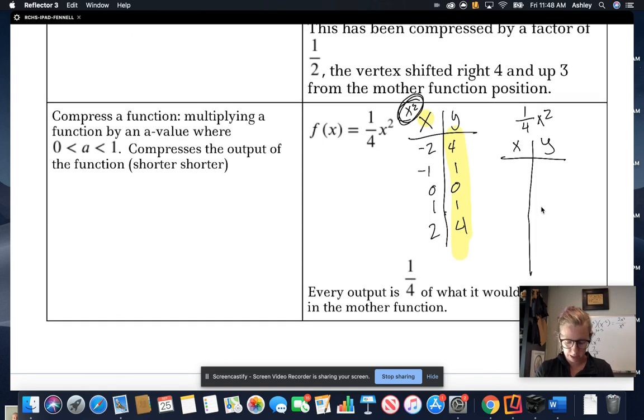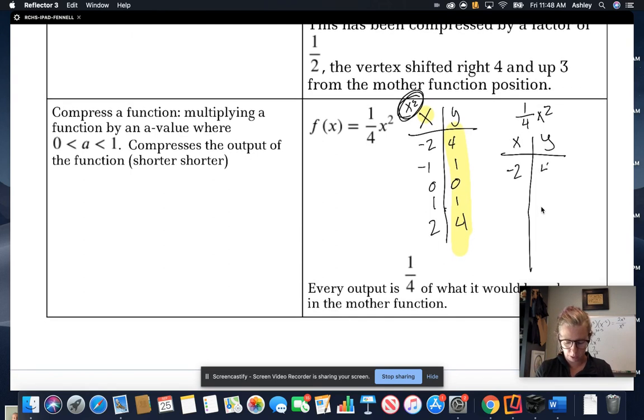When I plug in -2, I'm going to have 4 times 1/4. When I plug in -1, I'm going to have 1 times 1/4. 0, 0 times 1/4, so I don't really need to do that one. 1 times 1/4. 2, 4 times 1/4, right? And we know parabolas are symmetrical about the vertex. So once you know those first 2 points, you know the other two as well, right?